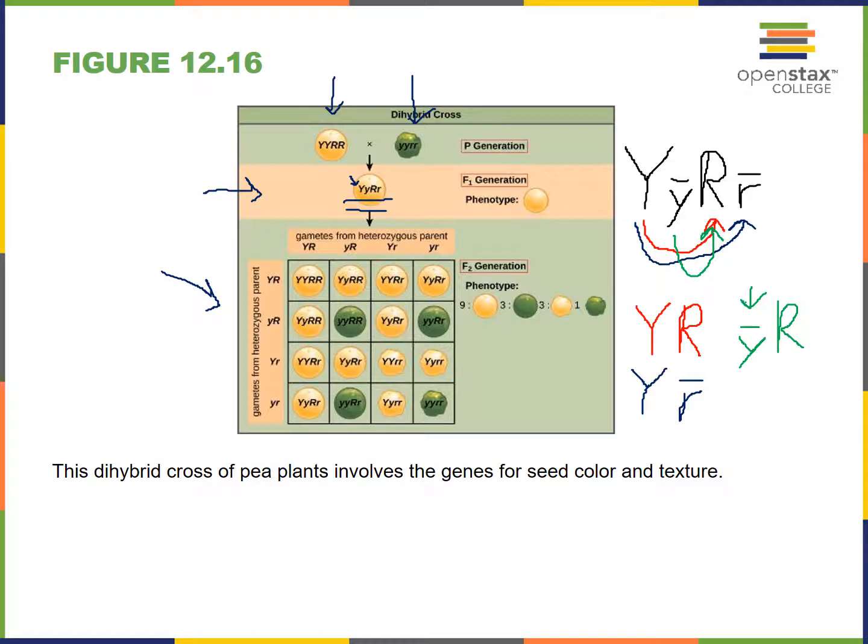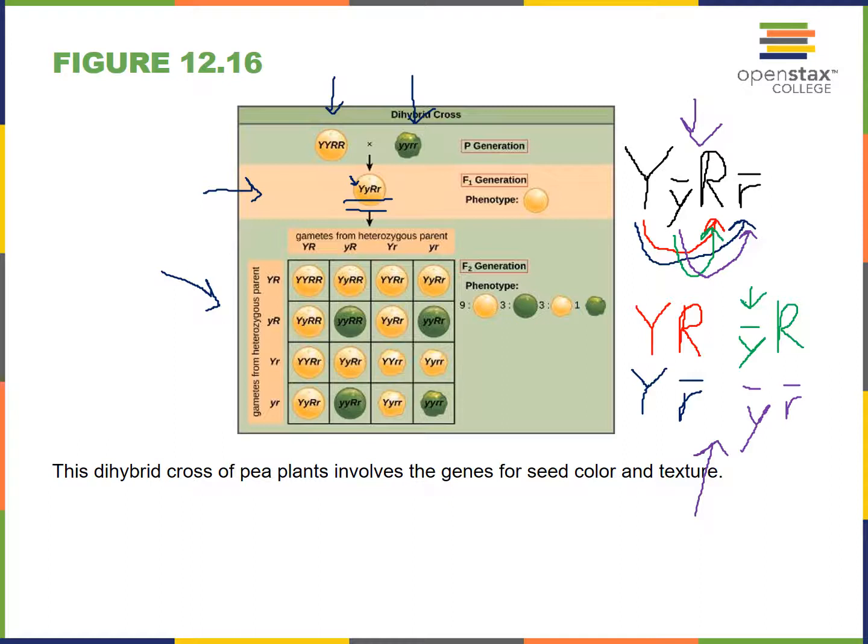Lastly, I'm going to take the second copy of the first gene and mix it with the second copy of the second gene. And that would give us a little y with a little r. So for this individual, these are all the possible gametes.